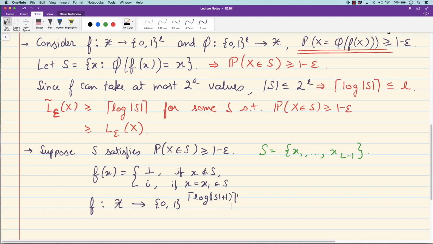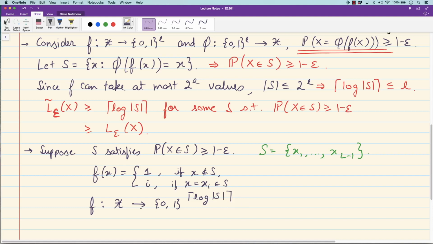Actually, let's do something else. Let's not define a bot when error occurs. We don't care what happens in this case. We are ready to admit any error. We'll just call it 1 again. Okay, so these elements, we basically allow them to collide with 1. It doesn't matter. So then in this case, we save something. These are just cardinality of S elements.